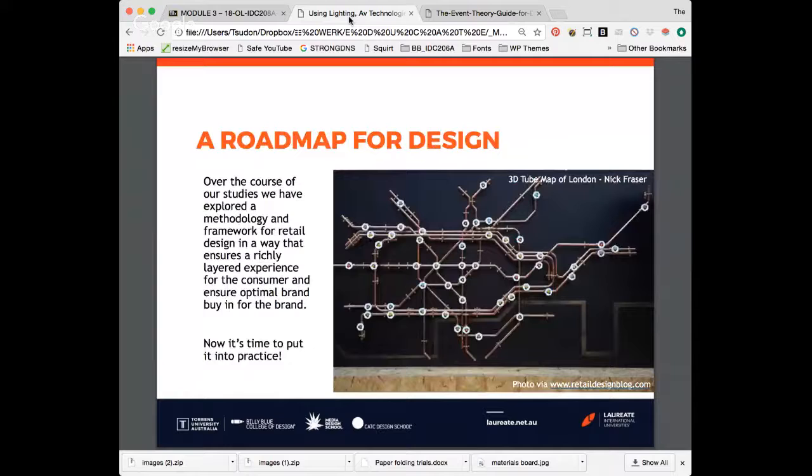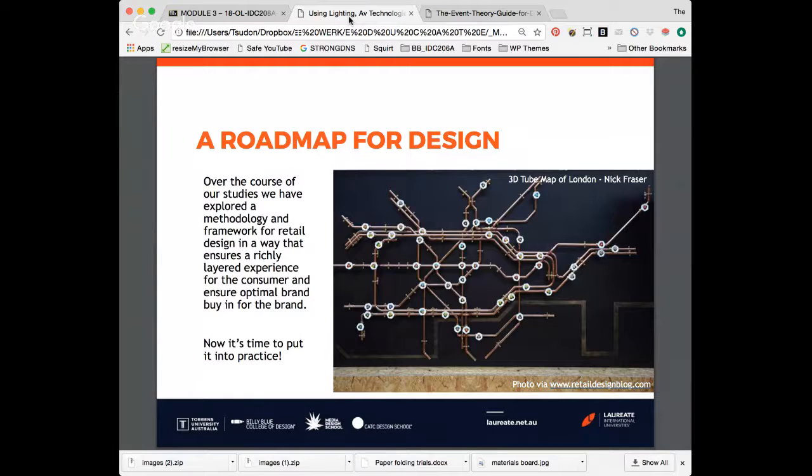So overall, over the course of the last few weeks, we've looked at lighting, AV, merchandising. We've looked at the event theory as a systematic way of spatial planning. We've looked at the brand translation equation and how you can use that as a methodology for really ensuring that your decision-making processes in terms of how you design, what you design, and how you implement it into your actual space is really effective and is all part of a common language and conversation that's really layered and rich and about your brand rather than driven by aesthetics alone.